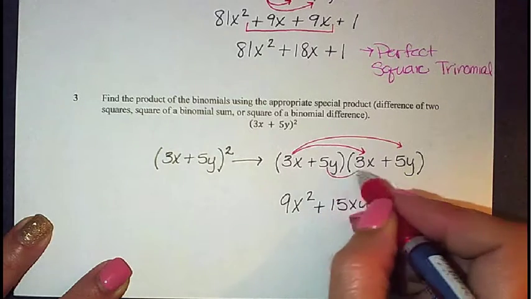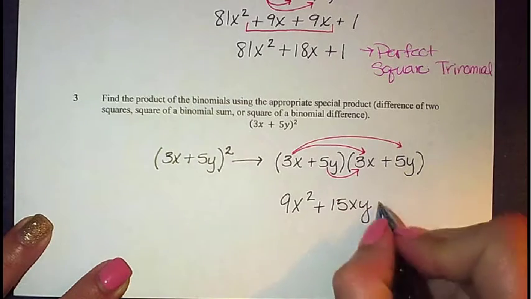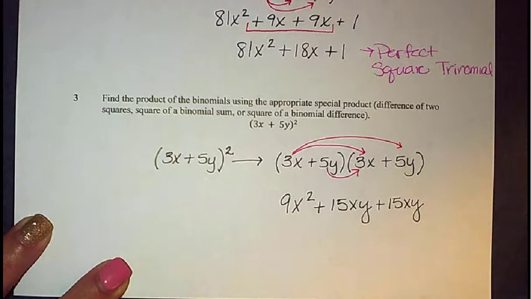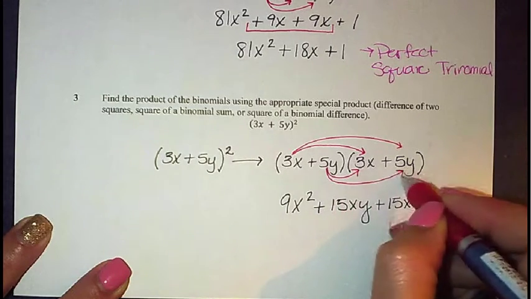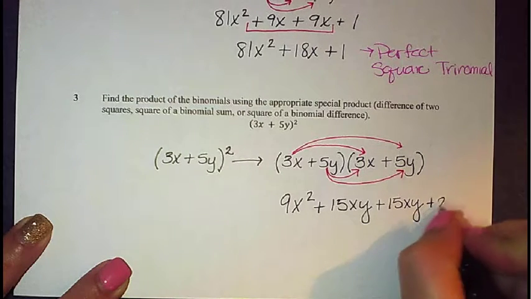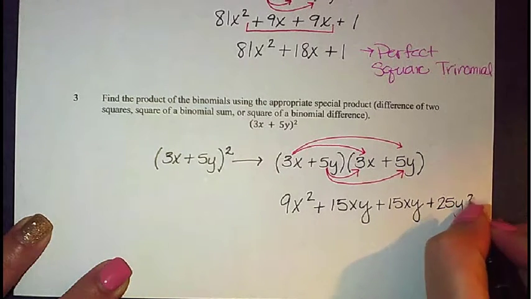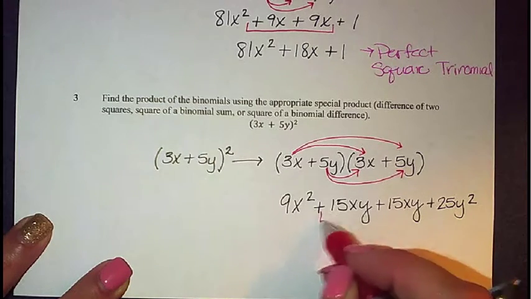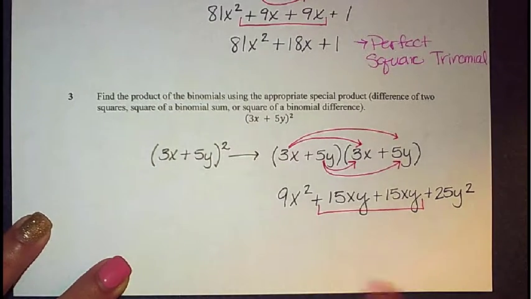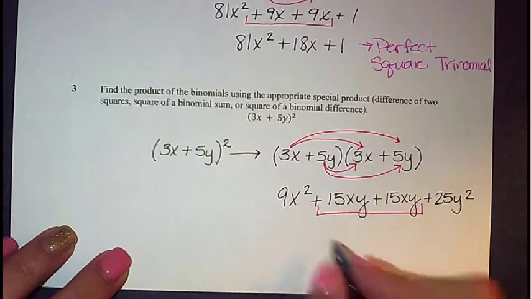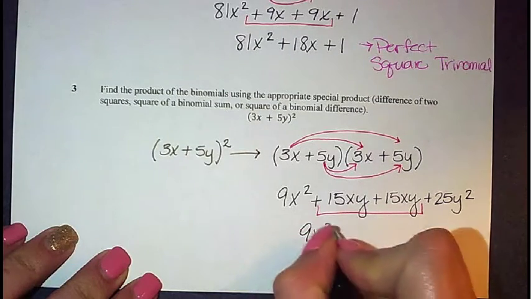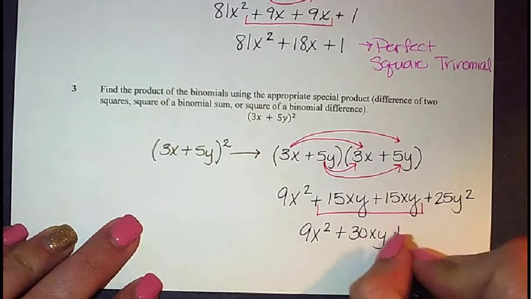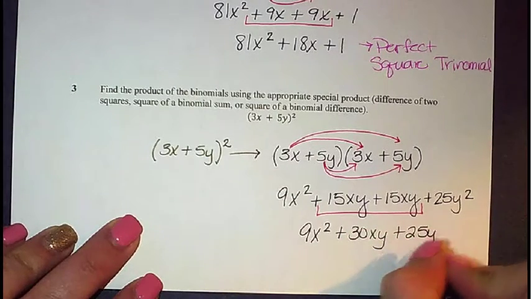Then we do our 5y times our 3x, which gives us 15xy. And our last times our last is going to give us 25y squared. If we notice, our middle two are both xy terms, so we can add those together. So we have 9x squared plus 30xy plus 25y squared.